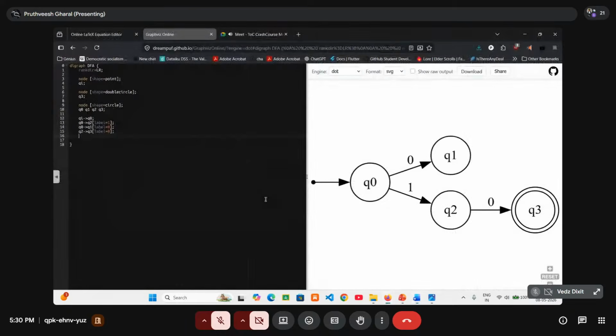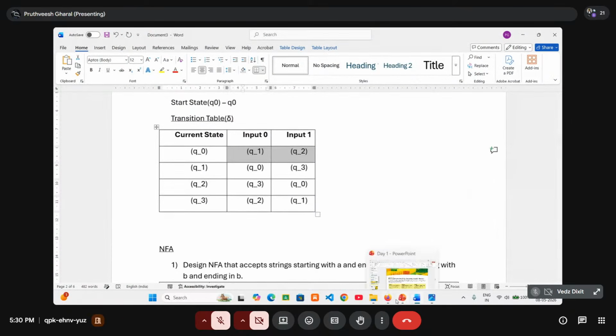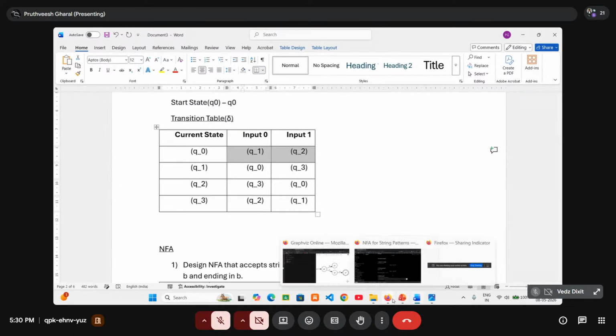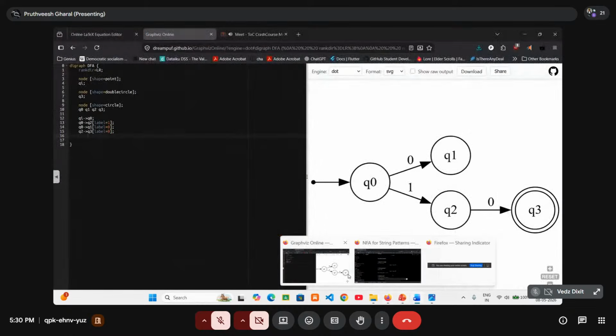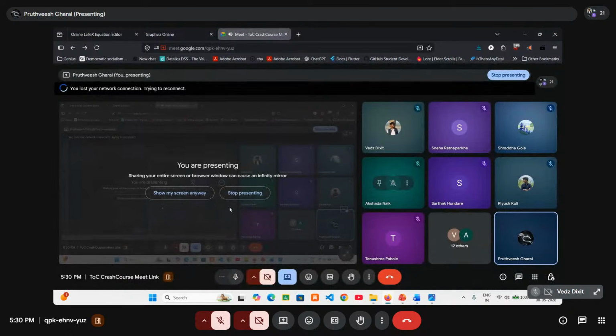So basically we take this transition table and from it we draw a transition diagram based on the connections here. I hope it is clear for all what we have discussed here.